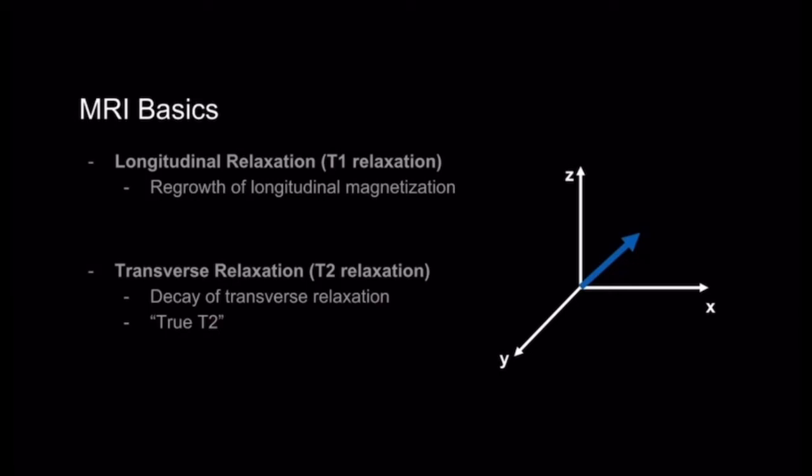In order to maintain signal in the XY plane, or in the transverse plane, the precessing molecules have to: one, remain in sync as they precess, and two, stay in the XY plane. So, over time, the transverse signal goes away, which is called transverse relaxation, or T2 relaxation.